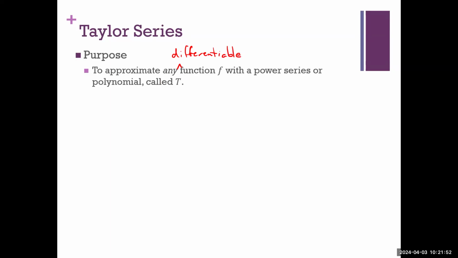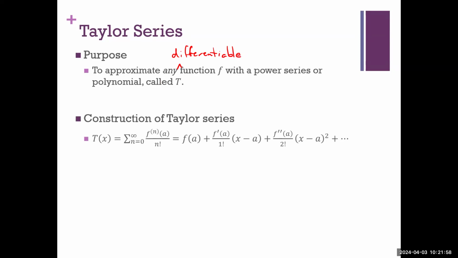No matter what it looks like, we can turn it into a polynomial. Those polynomials look like this. The first term has nothing to do with derivatives, just evaluating the function at whatever point I care about. Then the first derivative, second derivative, and so on.